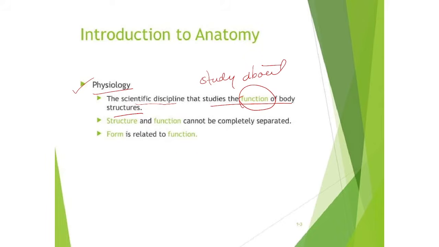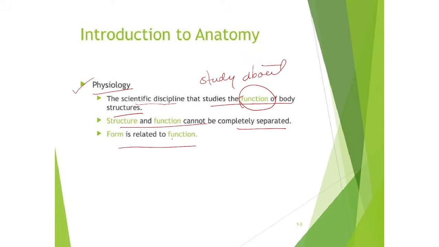These are the different processes in our body. Digestion happens in the stomach and absorption happens in the intestine. What is in the stomach and the intestine, that structure we will study in anatomy, and the digestive process we will study in physiology. Okay, structure and function cannot be separated completely. Form is related to function.